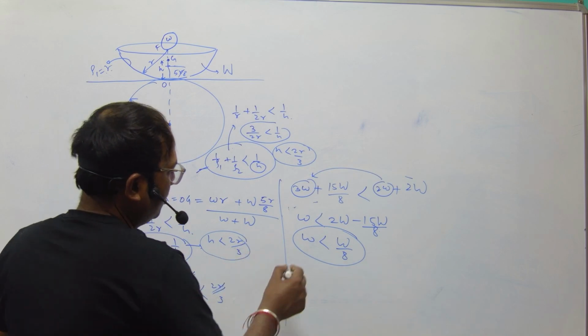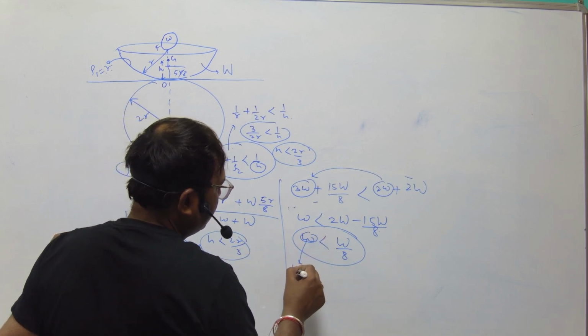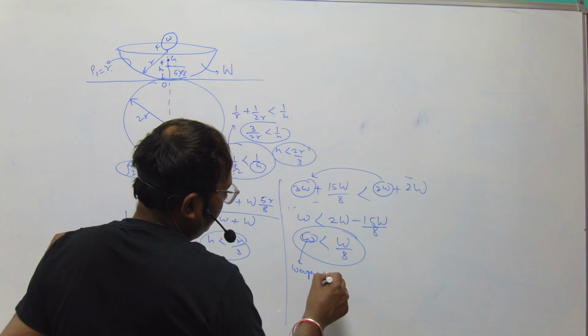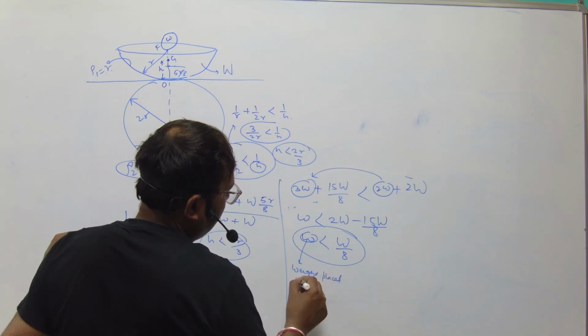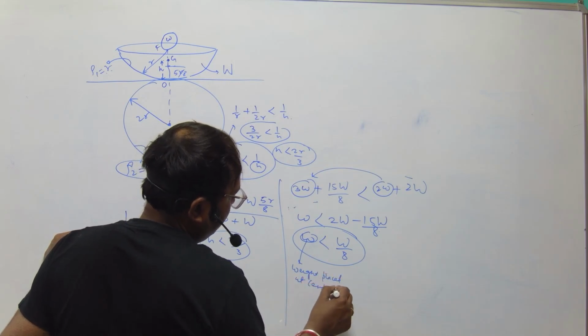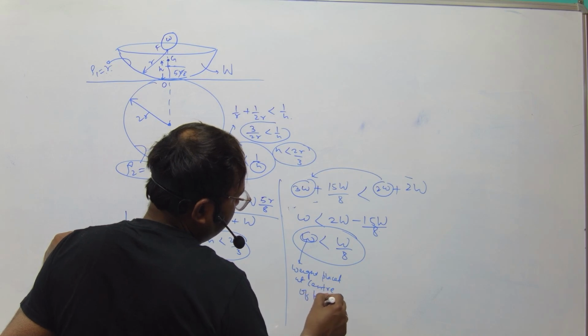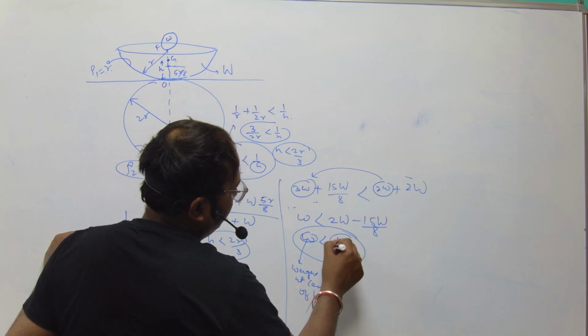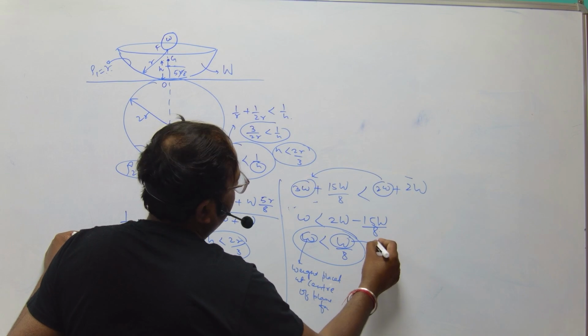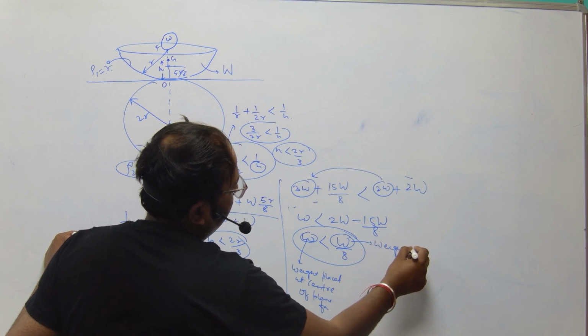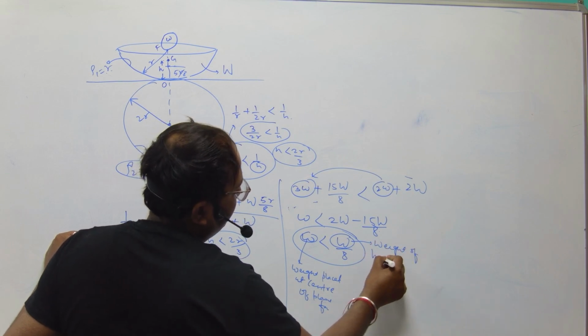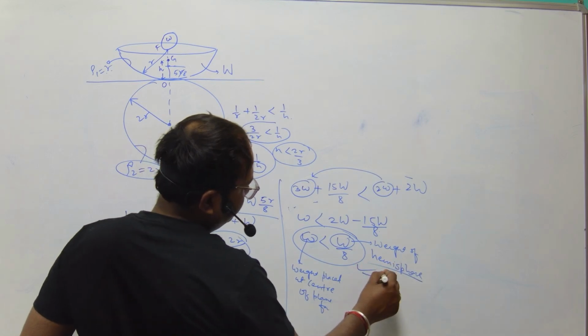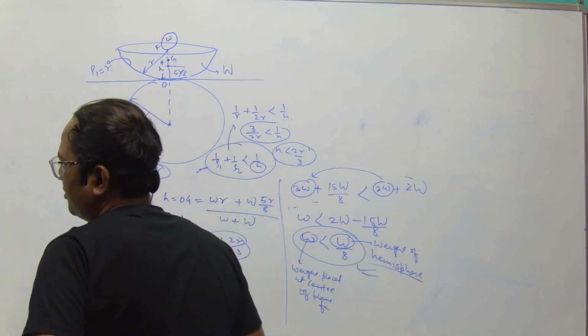Here small w is the weight placed at the center of the plane face, and capital W is the weight of the hemisphere.